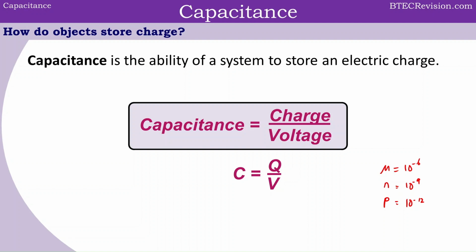Typical values of capacitance can be from electrolytic capacitors, which would have a range between 1 microfarad to about 1 farad. And another example would be mica, which has a range of 1 picofarad to about 1 microfarad.